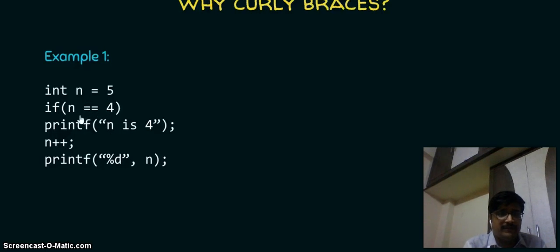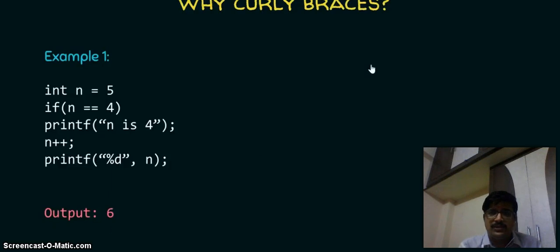Now, this printf is a part of this if condition, as we know, whenever we have a statement immediately after the if condition, the printf will always be part of that if condition. So this if condition supports just the one statement below, that is the printf. As n is not equal to 4, this printf will not get executed, but n plus plus will get evaluated because n plus plus is not part of this if condition, right? Therefore, the value of n will be incremented to 6 and the output will be 6.